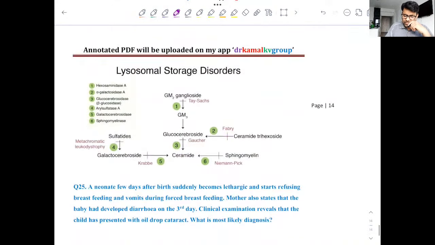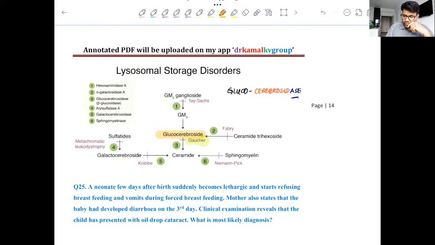Now what happens here, there is deficiency of the enzyme glucocerebrosidase, right? And therefore what will be accumulated? There will be accumulation of glucocerebroside, right?